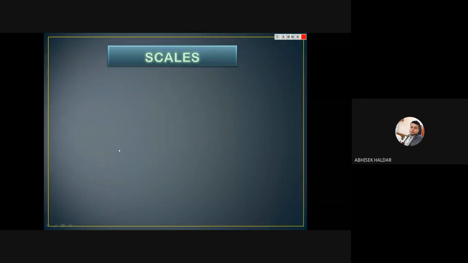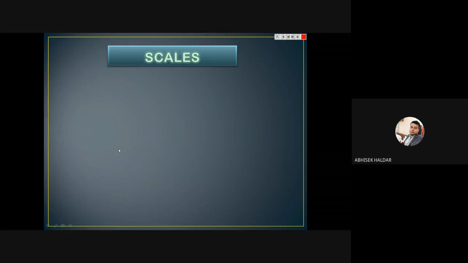Scale is something you have used in your day-to-day life, for our study and for our geometry. Can you tell me what type of scale that is? Centimeter scale, sir. Centimeter is a unit.